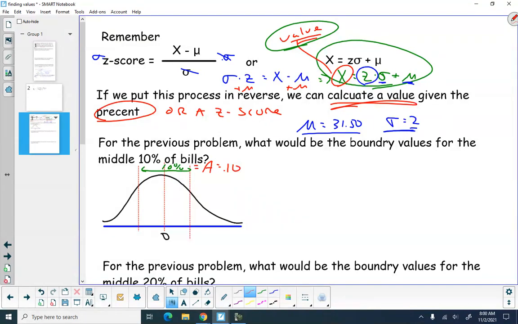That means my area right here is 0.10. Looking at symmetry, what does each one of these areas have to be? Not 0.5, 0.05. So this area is 0.05 and this area is 0.05. If I add 0.05 plus 0.05, I get 0.10.